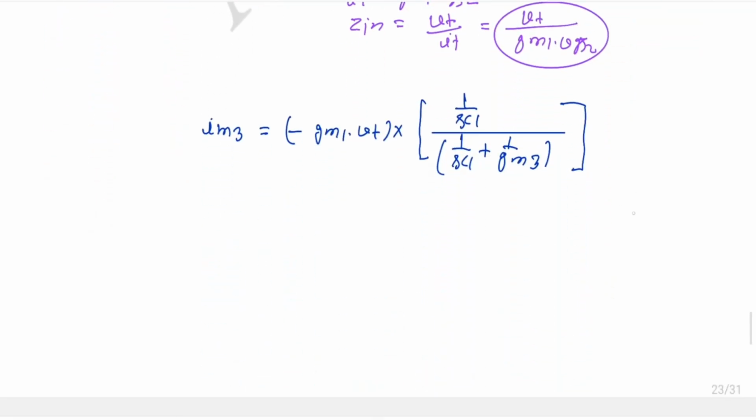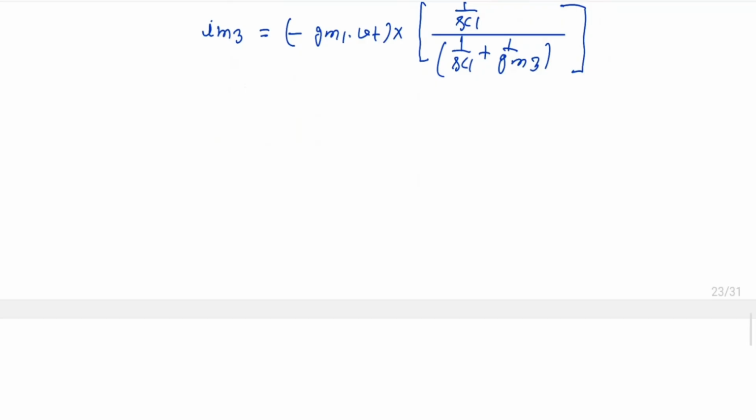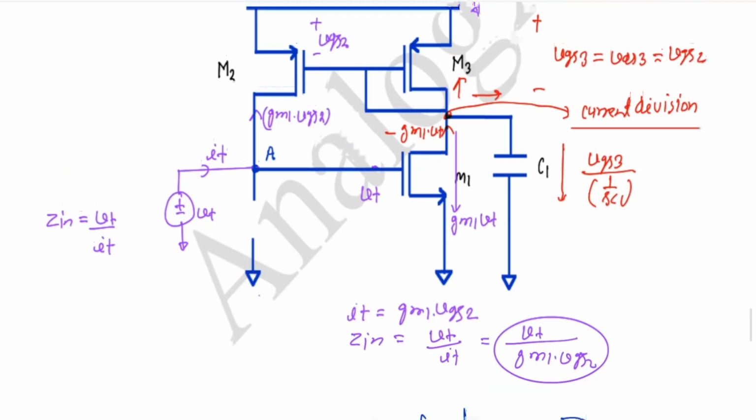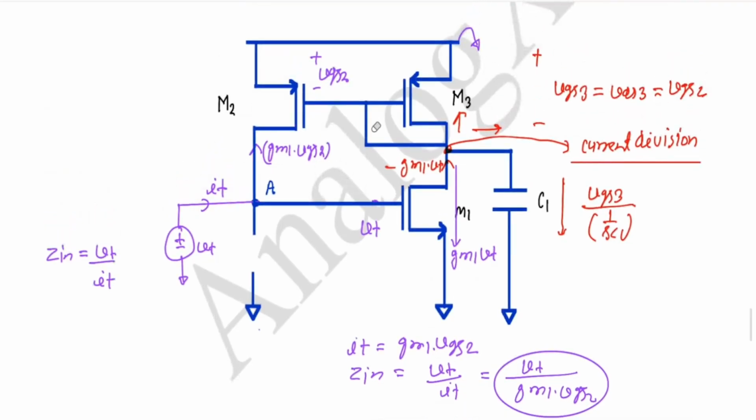This is the current division. Now what will be the Vgs3? Vgs3 will be Im3 into 1 by gm3. Since this is diode connected, I can replace it with the 1 by gm3 impedance.